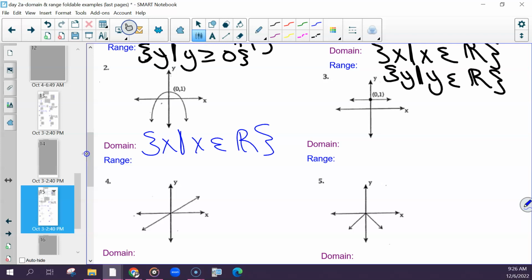Do we know what our lowest point is? No. So we know it keeps going down forever and ever. What's our highest point? 1. Not 0, because we're looking at our y value. So it stops at 1. So is it everything above 1 or everything below it? Below. So we would write that as curly brackets, y such that y is less than or equal to 1.